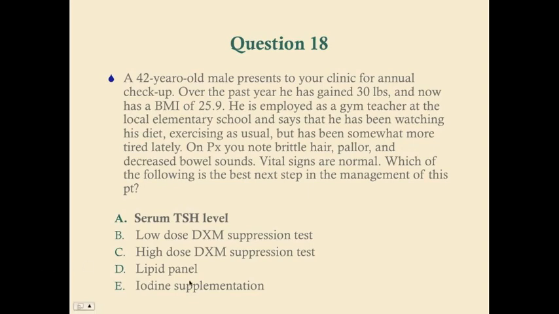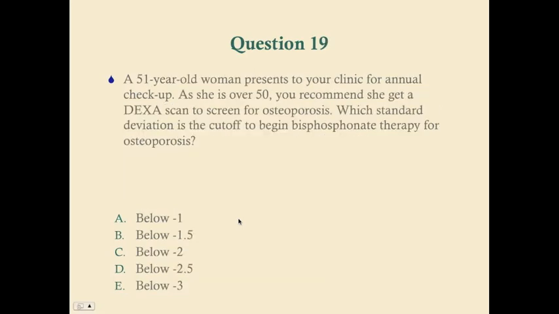Lipid panel will eventually be appropriate in this patient because he does have hypothyroidism and because elevated cholesterol is associated with hypothyroidism, but we have to establish the diagnosis first. And iodine supplementation is appropriate in patients who have hypothyroidism due to endemic goiter, but that's not this guy. People in the U.S. very rarely have endemic goiter. And plus, we have to establish the diagnosis first, and that's done with a serum TSH level.